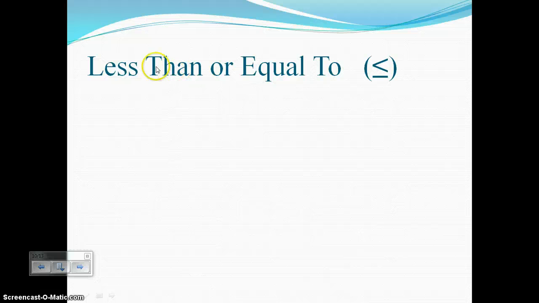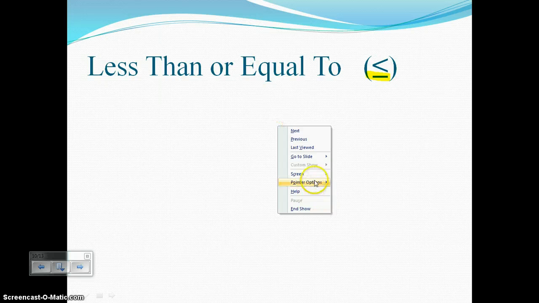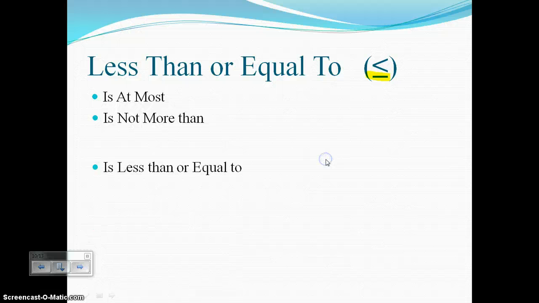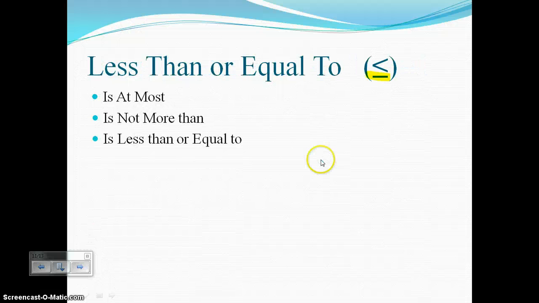Now, is less than or equal to. So remember, equal to has this line under here. The words for that are going to be: is at most, is not more than, is less than or equal to.